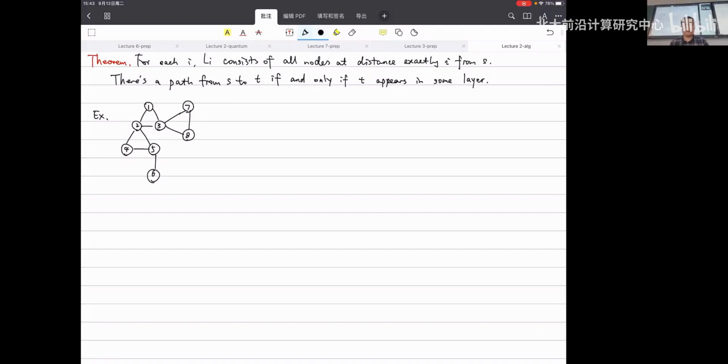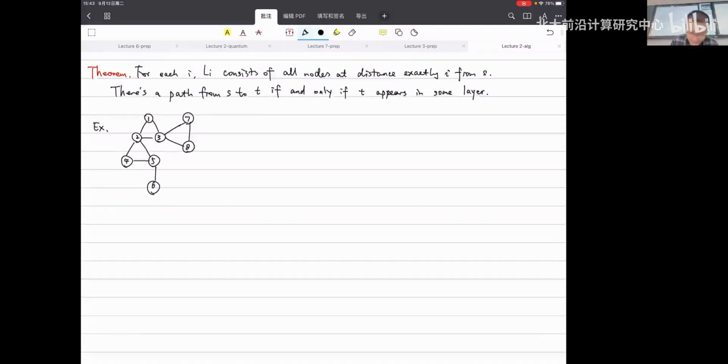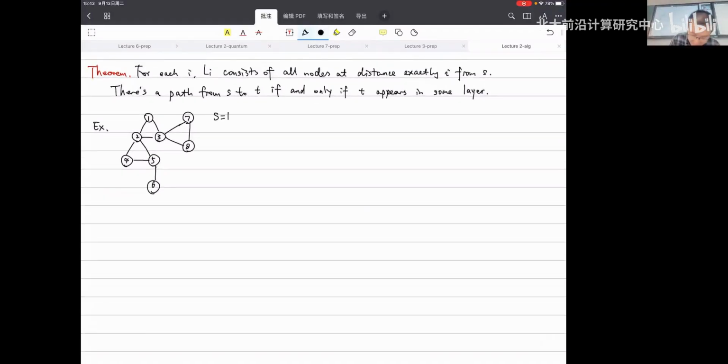Let's think about this graph, and for instance the S we study is S equals 1. What is the layer structure of this graph going to look like? We have a 1 here because S equals 1, and this is going to be layer 0. So what is going to be the vertices in layer 1?